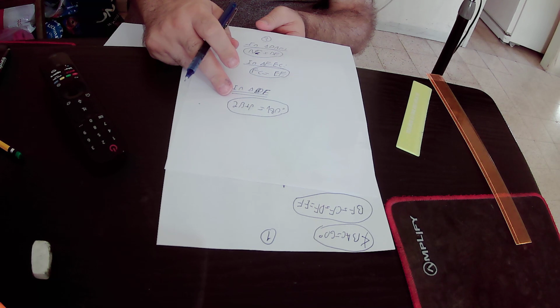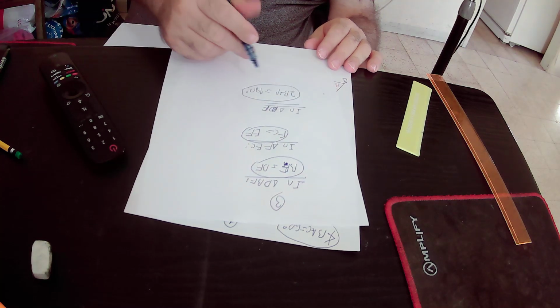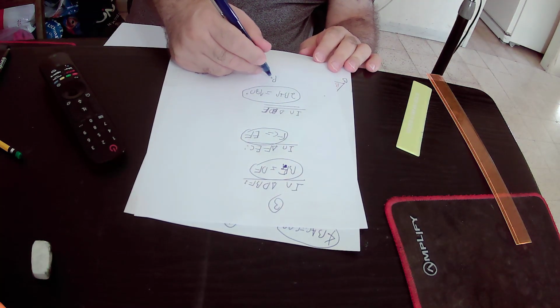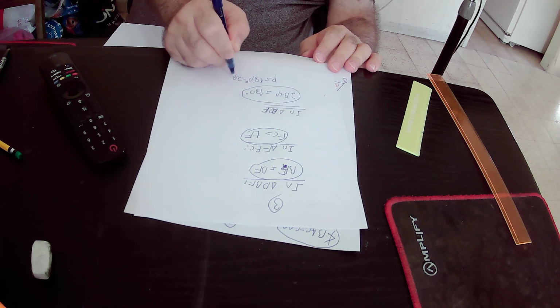So here we'll subtract 2B from this equality, and we will get that P equals 180 degrees minus 2B.